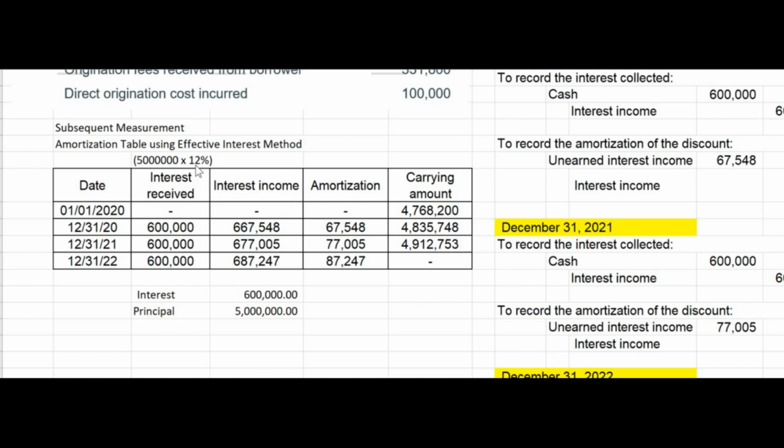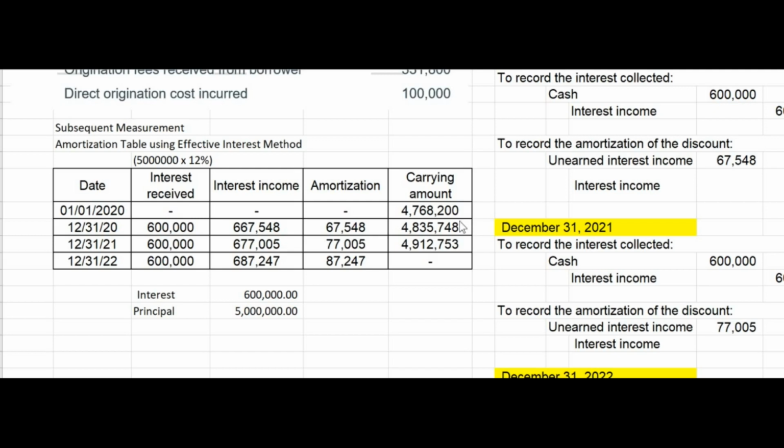Kasi ang marereceive ni bank or the financial institution at the end of the term of this loan is 5 million, yet ang na-cash out niya lang ay 4,768,200.